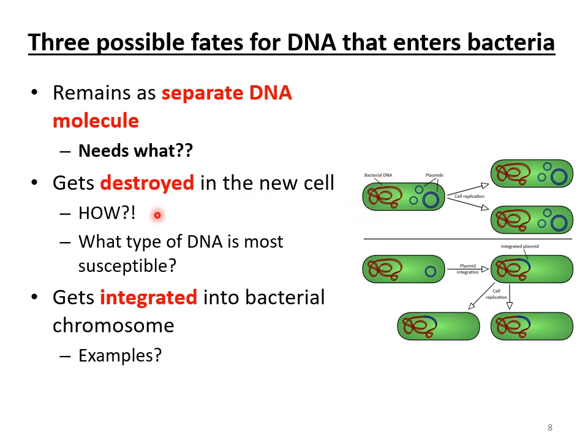Another thing that can happen, like I mentioned before, is that it can get destroyed. It can get destroyed in the new cell, especially if it has been a linear piece of DNA that has come in. So, for instance, when you saw the picture of transformation, you noticed some of those pieces of DNA were actually little linear fragments of DNA, and those can get destroyed by things like endonucleases.